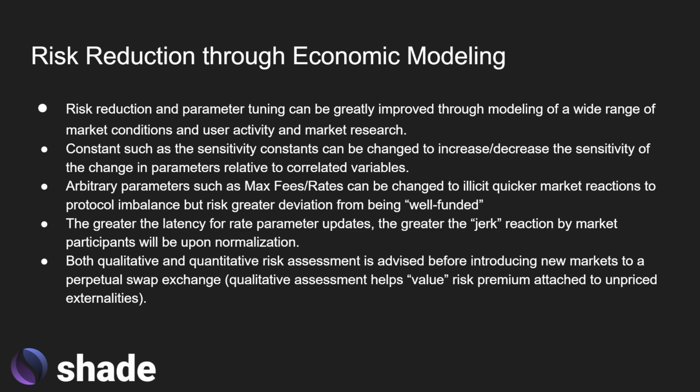And they do this by introducing this smoothing concept, so there is no massive jerk from the peg price. So this is something that protocols, existing and new, should really look at: mechanisms to reduce that jerk reaction by market participants.